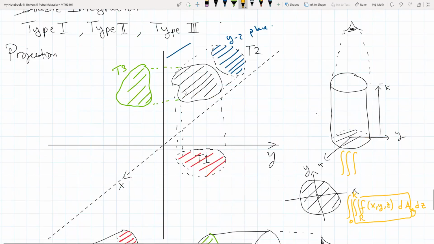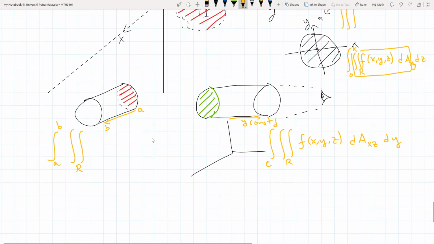Now this is the yz plane. Okay, I made a mistake over there, but the notation is correct. XYZ, and then I can evaluate dA in terms of the y and z plane, and then this will be times dx.